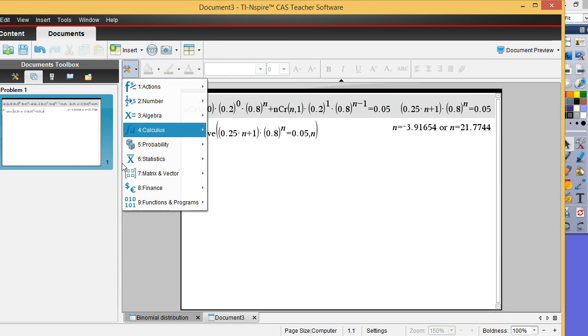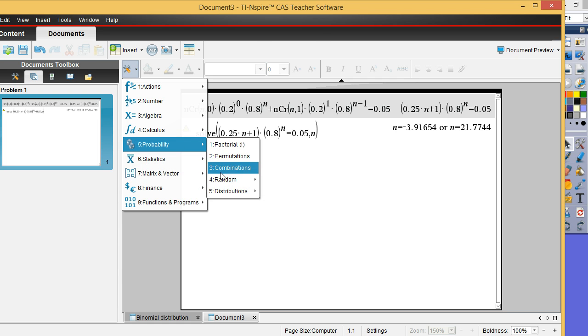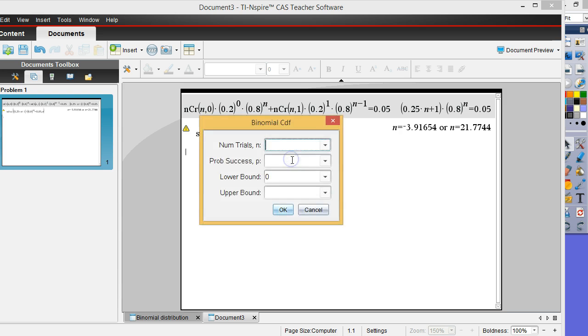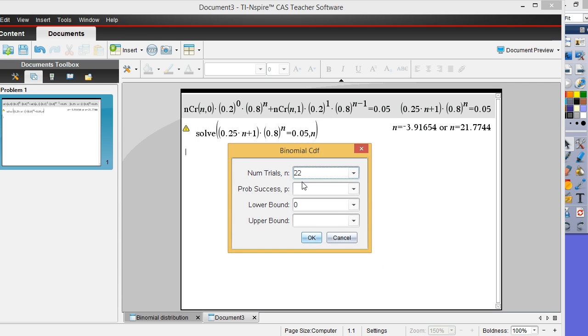I'm going to bring up my binomial distribution. That is a binomial CDF, a cumulative distribution function, where my number of trials was 22, my probability of success was 0.2, my lower bound was 0 and my upper bound was 1.